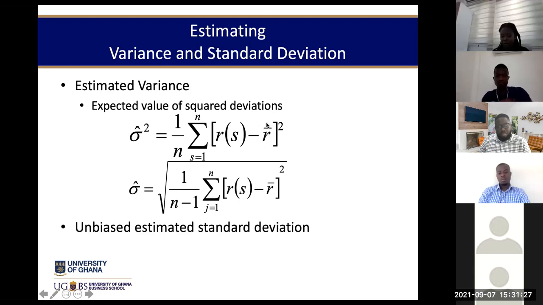Okay, so that is why we divide by, usually you divide by n, but n minus 1 to adjust for the loss of the degrees of freedom. Okay, so we also divide by n minus 1. Usually there's a formula you should use. Okay, so you don't divide by n, you only divide by n if you have population returns. If you have sample returns, then you divide by n minus 1.